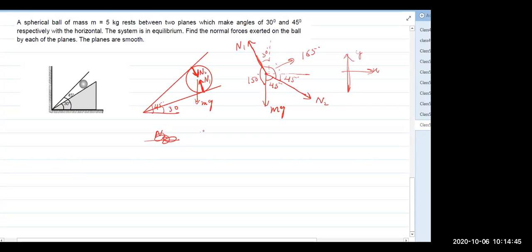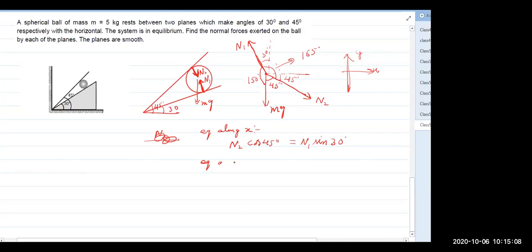So if you write the equation along x, it will be N2 cos 45, this component, and then N1 sin 30. The object is not moving, so we can balance the forces.